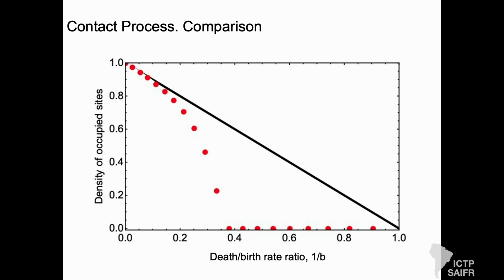The first thing I'm going to do is write this conditional probability in terms of the density of pairs of nodes that are in the plus state.